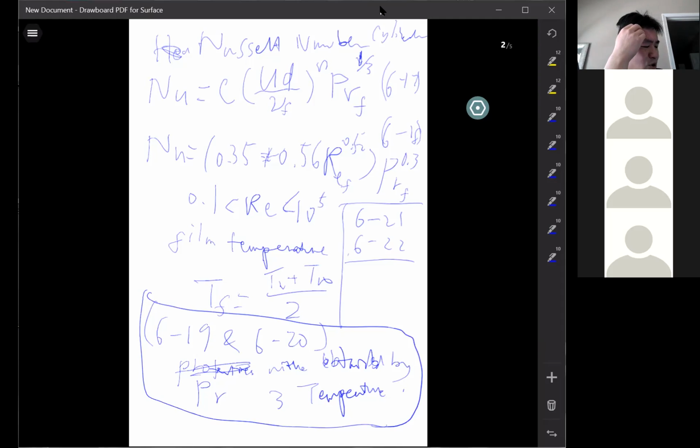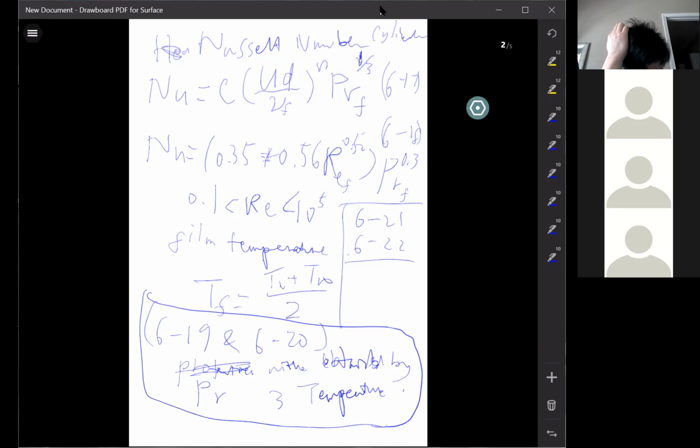And 6.22 is a little bit narrower, 20,000 to 400,000. For both equations, the Peclet number should be greater than 0.2. You'll see most of the time it is greater than 0.2, unless you are dealing with very small heat transfer in a small structure, small heat transfer surfaces.